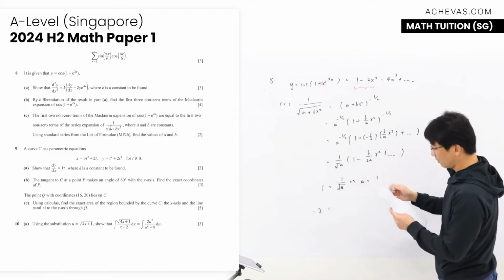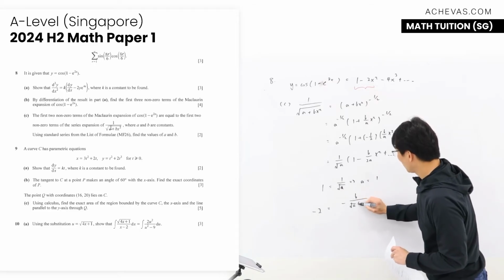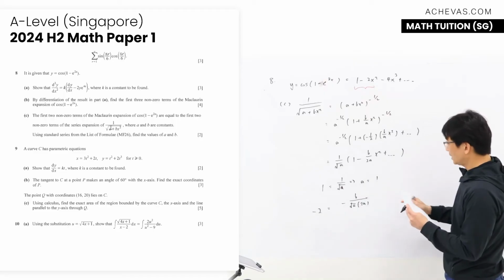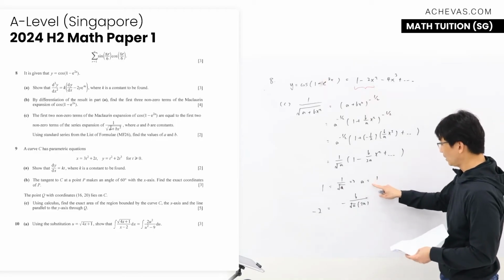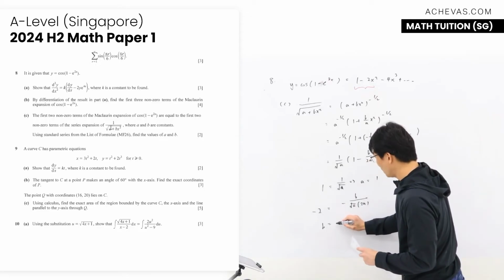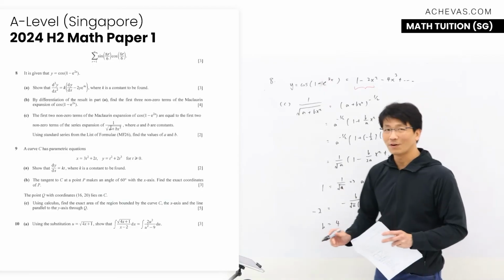The coefficient of the x squared term here is minus b over root a times 2a. Since we already found the value of a, we can just substitute it in here and solve that the value of b is equal to 4. So therefore a equals 1, b equals 4.